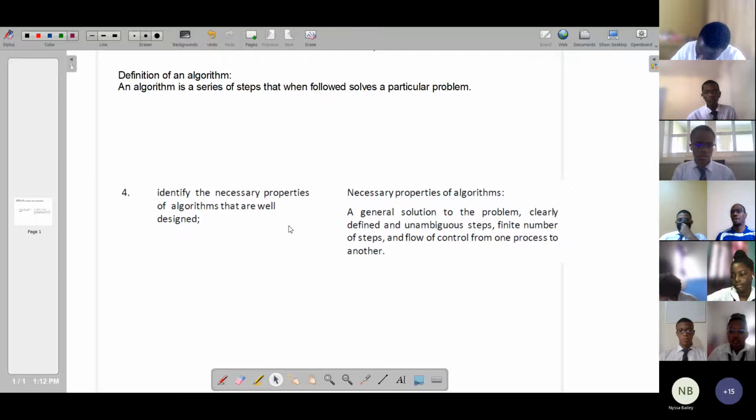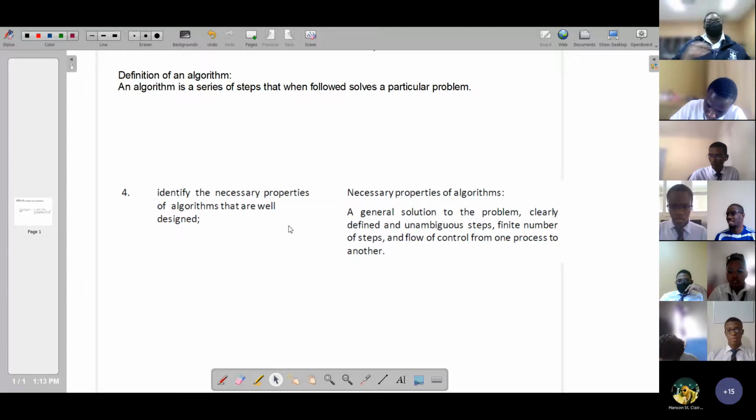Next up, for the necessary properties of algorithms, we need to have clearly defined and unambiguous steps. What does that mean? Anybody? When I say that, and there's the inflection, that's a question to you. What does that mean? So it means that I have no room for interpretation or mistakes.